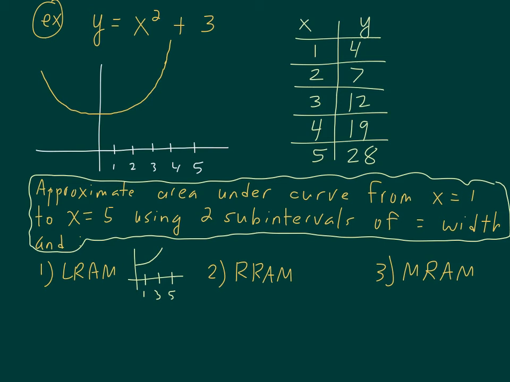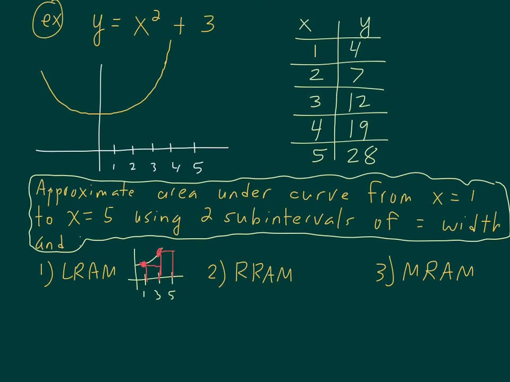From there, as a left endpoint, we go up at 1 until we hit the curve on the left-hand side, and then we go to the right and make our rectangle. Then from 3 we go up to the curve, make our point, and then go over and down.